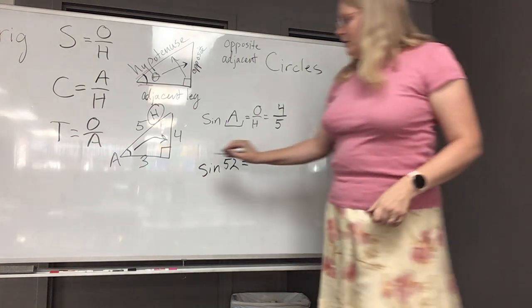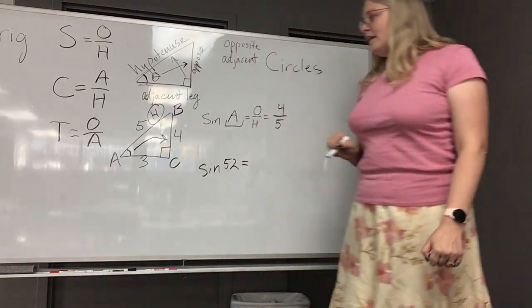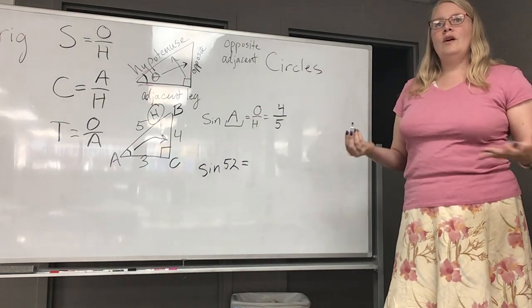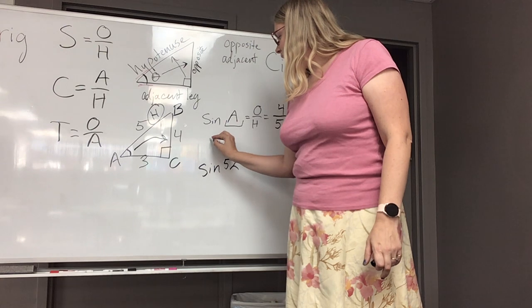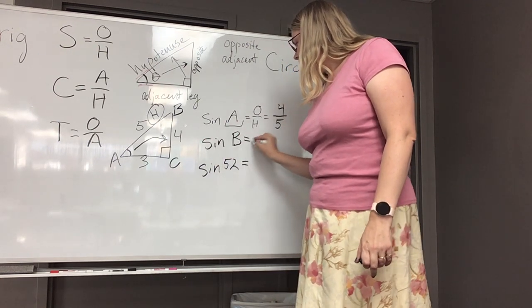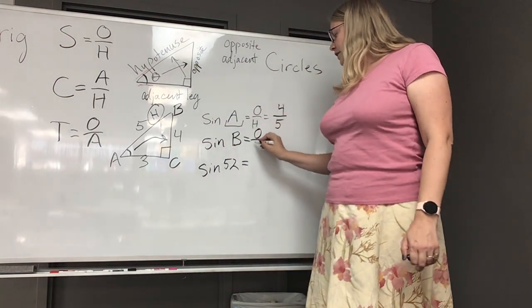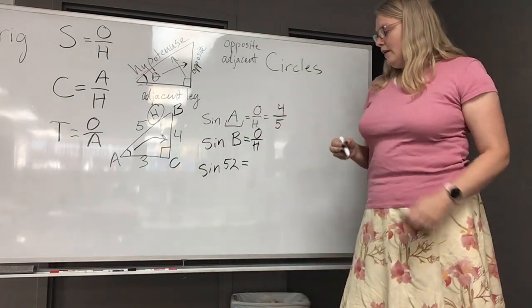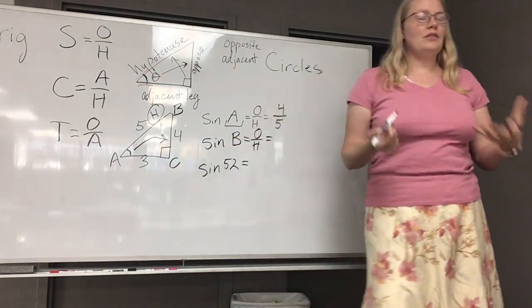The other thing to be aware of is if we change the point of reference, it's going to change our answer. If we ask about the sine of B, the sine of B is still opposite over hypotenuse. The hypotenuse is still the hypotenuse. Again, that hypotenuse is a consistent one.